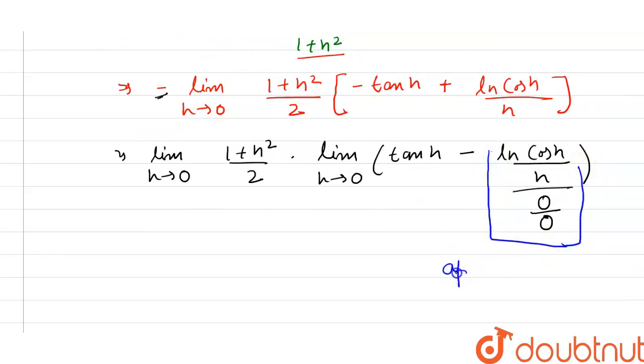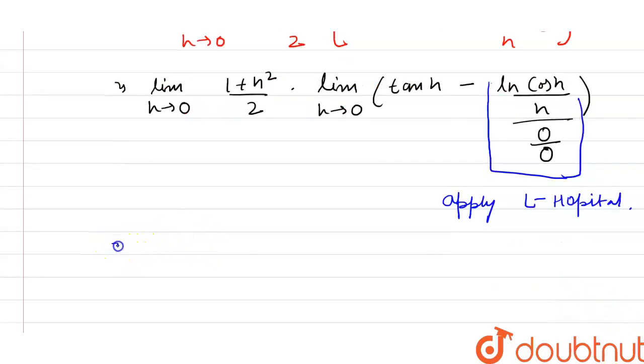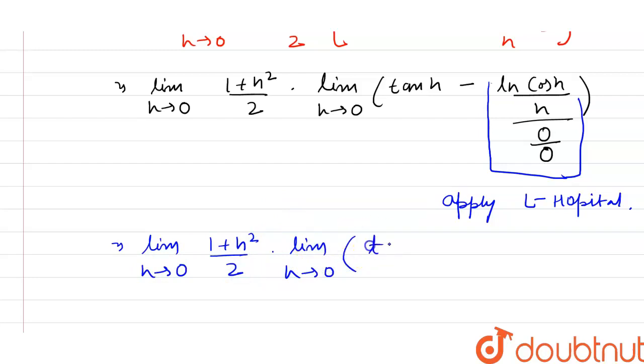So this is equal to limit h tends to 0 of 1 plus h square by 2 into limit h tends to 0 of tan h minus 1 upon cos h into minus sin h upon 1.